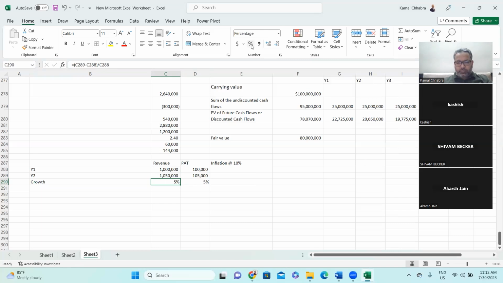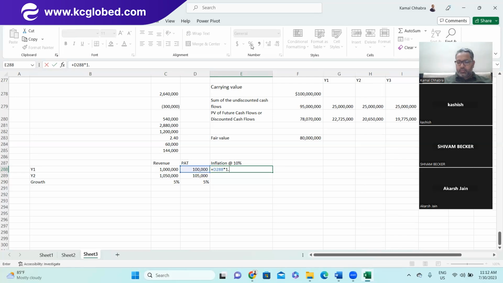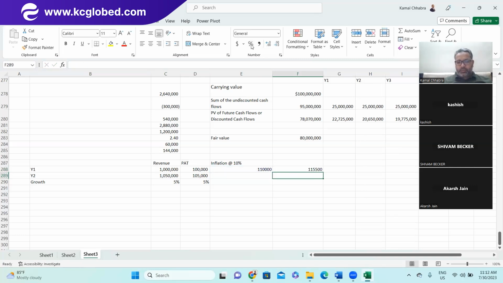10% exactly. So what you can purchase with 100,000 in year 1, you would be required to spend 110,000 to purchase the same. This much amount you will be required, and if there is a growth of 5%, then it should be this amount, right?